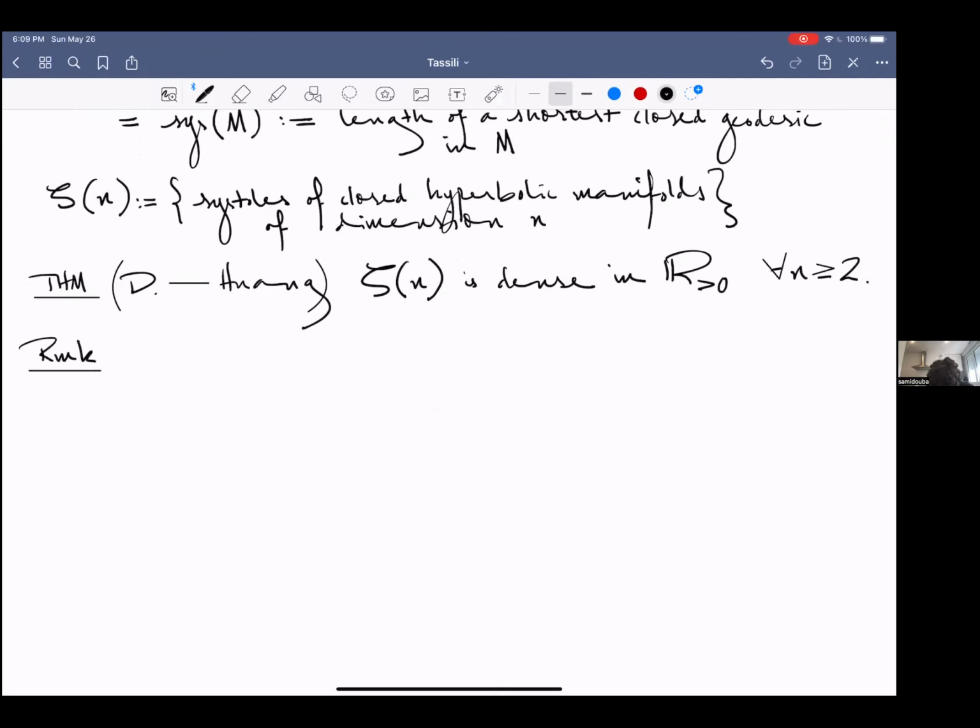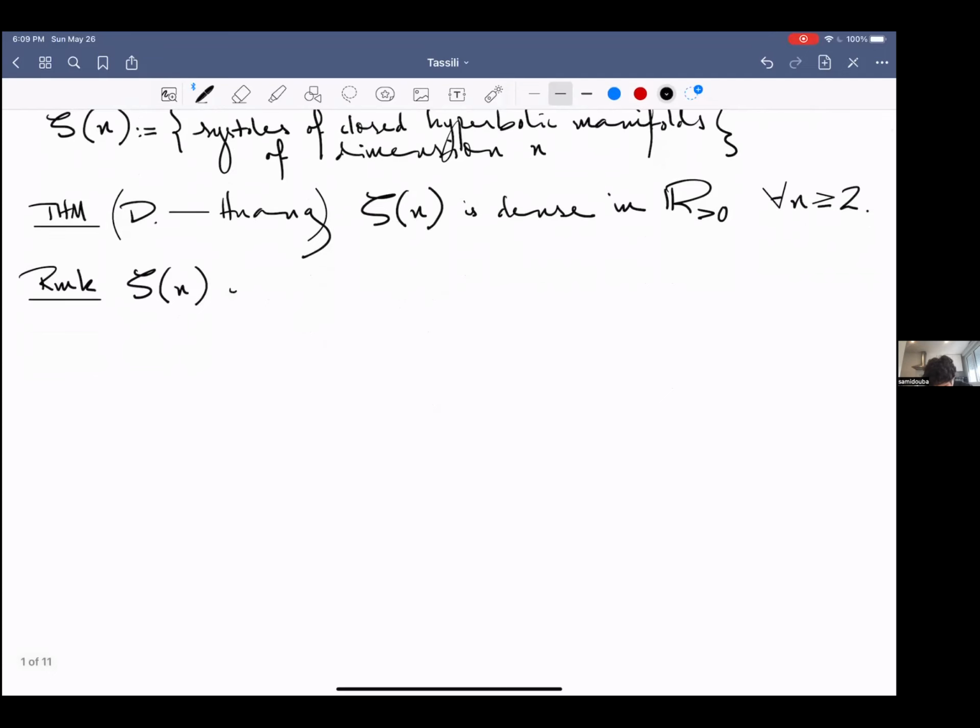It's easy to see that this set is unbounded for all n. And this follows from residual finiteness of fundamental groups of closed hyperbolic manifolds.